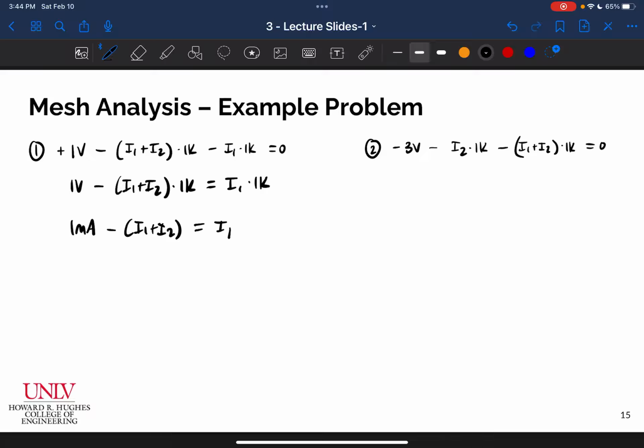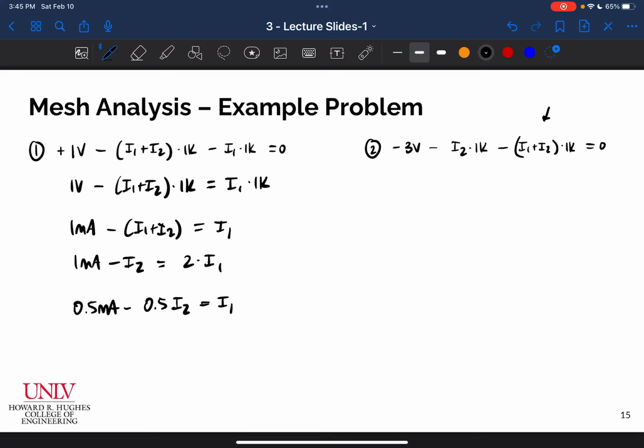All right, so now I could say 1 milliamp minus I2 is equal to 2 times I1, because I'm going to take this minus I1 and add it over to the other side. And then I could divide by 2 on both sides, so I get half a milliamp minus 0.5 times I2 gives me I1, okay? So now I've got that expression for I1.